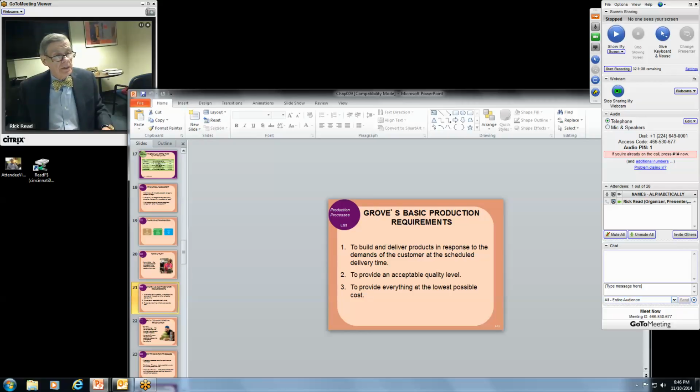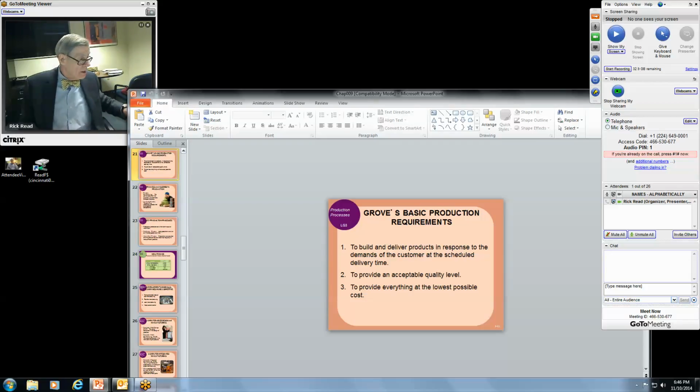Now, these three tenets here, if you will, basic requirements of production, come from a gentleman by the name of Andrew Grove. If you can see on top of page 240, he was the former chairman and CEO of Intel.